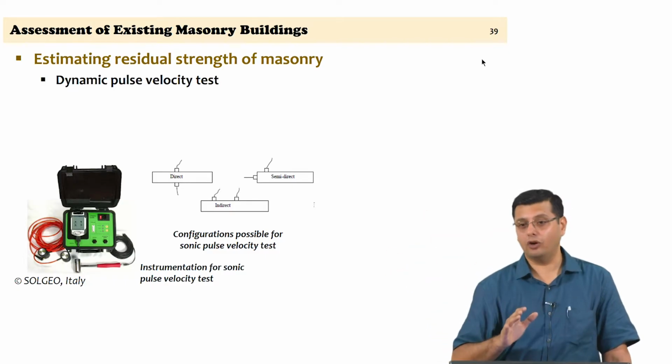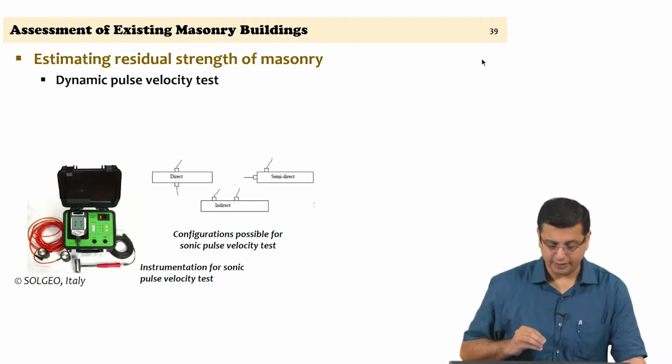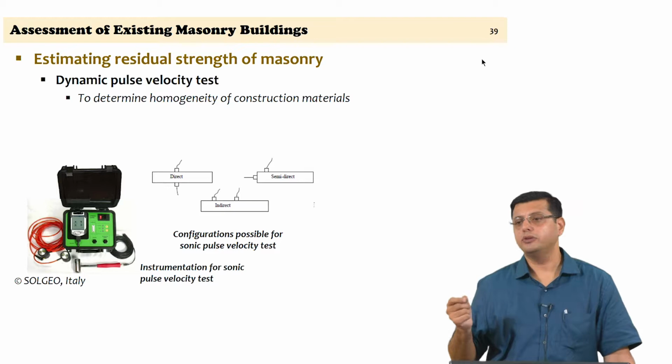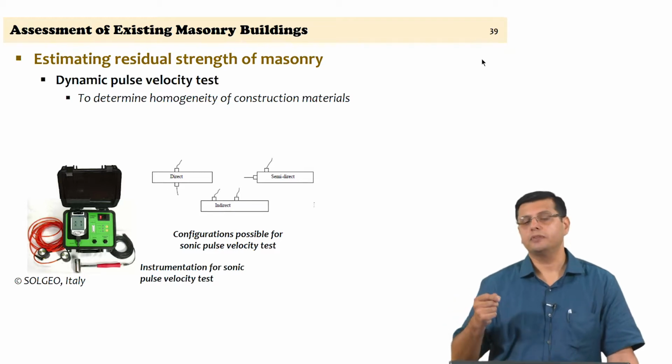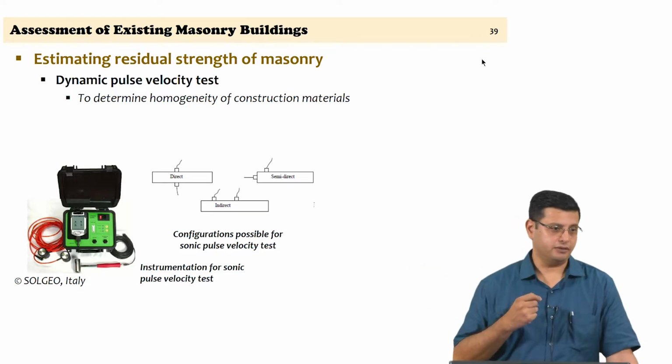That means it is really involving and depends on several other parameters which you should be in control of as far as a test like this is concerned. So, basically this is a powerful technique if you were to use pulse velocity test to understand the homogeneity of the construction materials, right.